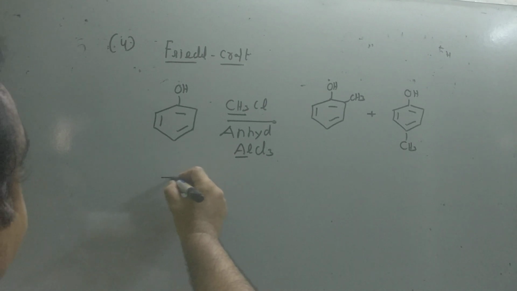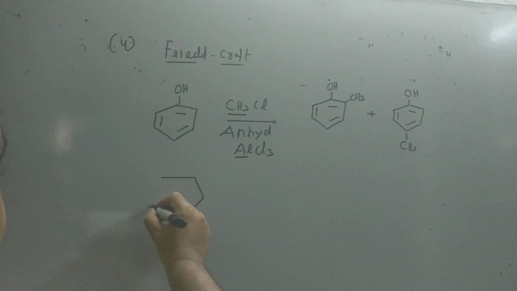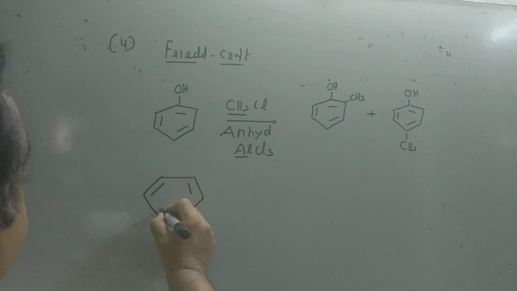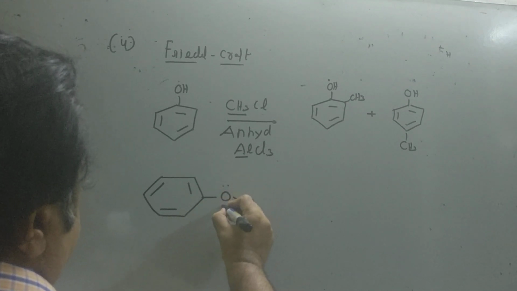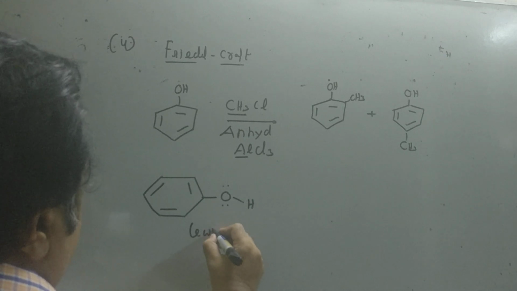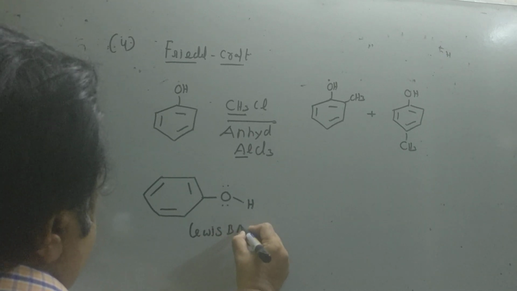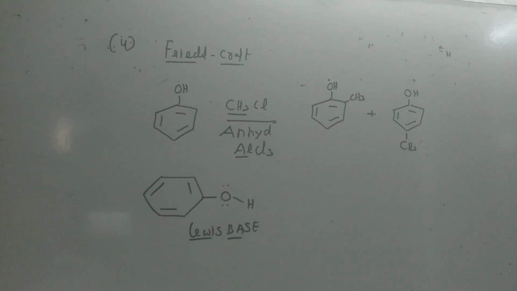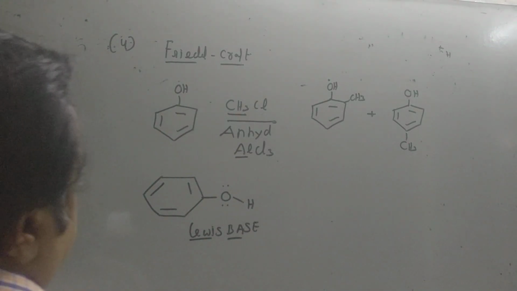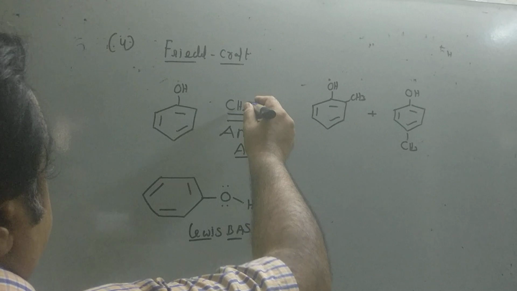But problem is that in phenol, OH has a lone pair of electrons. Anything which has a lone pair of electrons is actually a Lewis base. So phenol is a Lewis base as it has a lone pair of electrons on the oxygen. It's a very strong Lewis base. So when you mix this and this, what happens?